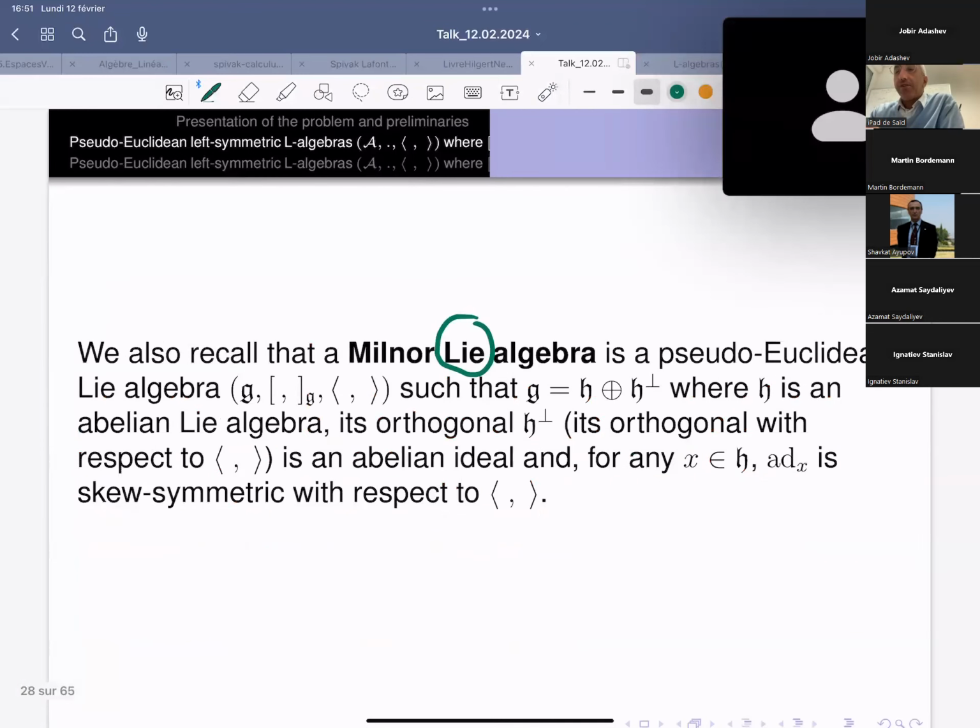Here a minor Lie algebra is a pseudo-Euclidean Lie algebra with this decomposition. All the time you have here a commutative or abelian Lie algebra, and its orthogonal is an abelian ideal, such that ad x is skew-symmetric, but just for x in the abelian Lie algebra.